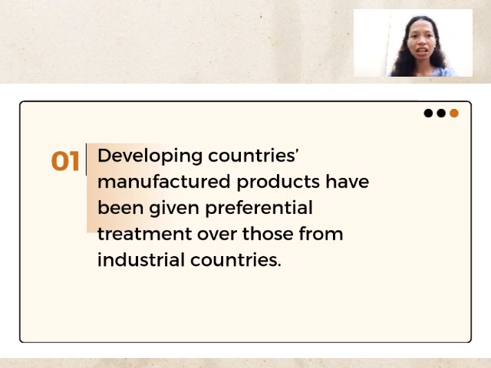For instance, the United States, the European Union, and other developed economies have GSP programs that reduce or eliminate tariffs on eligible products from designated developing countries. It provides them with a competitive advantage in international trade. However, they must meet certain criteria and follow rules to qualify for these preferences.